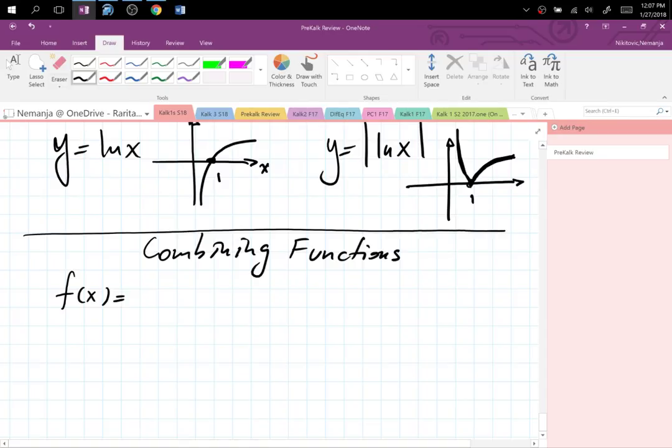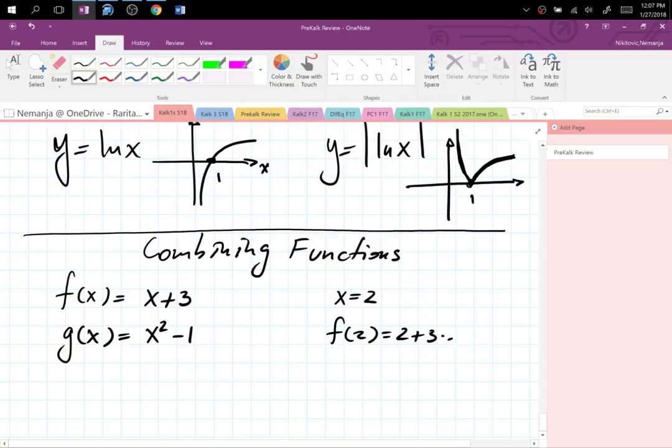So let's say I have f of x to be x plus 3, and another function g of x to be x squared minus 1. We need to understand immediately that if I am using, let's say, x equals 2, f of 2 is 2 plus 3, which is 5, and g of 2 is 2 squared minus 1, which is 3.